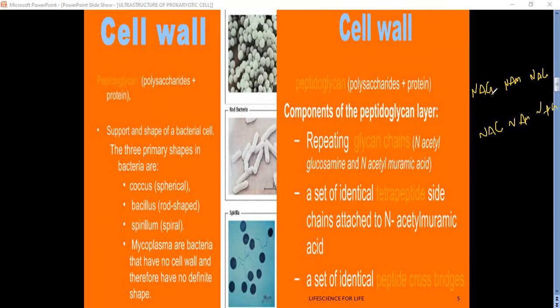That is, each one is linked to the other by 4 tetrapeptide, that is 4 amino acids, to the opposite one. Here also it is linked like this, and there is a linkage between these two by 5 amino acids known as the pentaglycine bridge. So I will explain this in the next picture, by which you can clearly understand it.